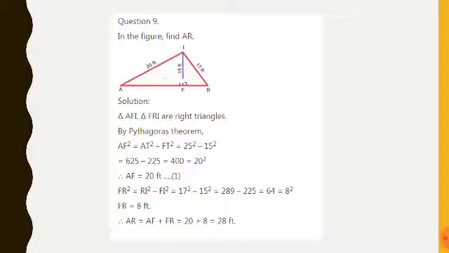AF is equal to 20 feet. FR square is equal to RI square minus FI square. 17 square minus 15 square. 289 minus 225. So 64, square root 8 square. Then FR is equal to 8 feet. AR is equal to AF plus FR. 20 plus 8 equal to 28 feet.